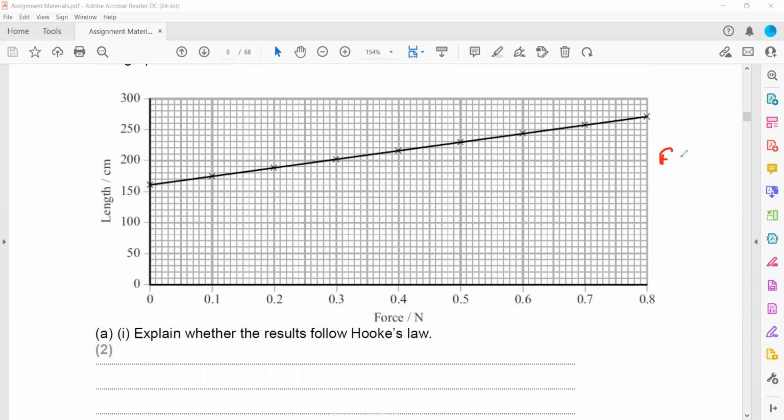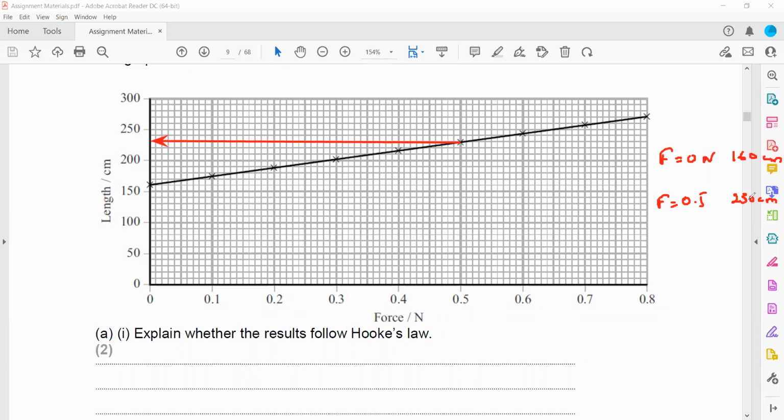When the force is 0 newtons, the length was 160. When the force is 0.5, this will be 230, but that is in centimeters.